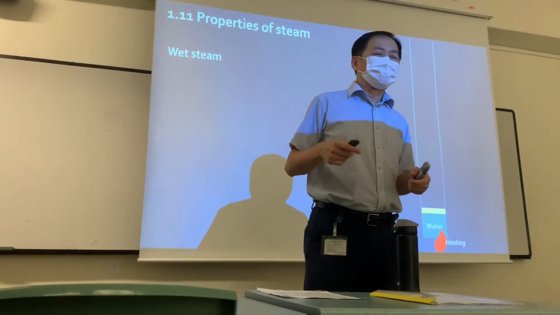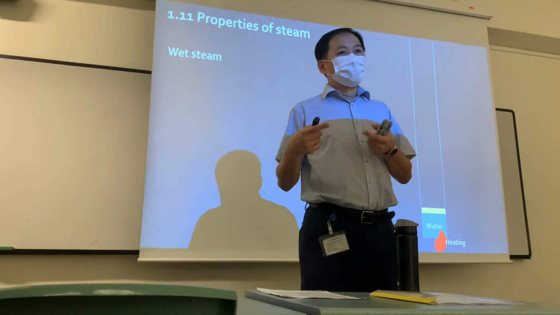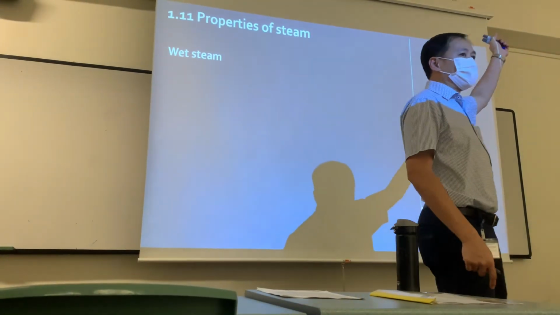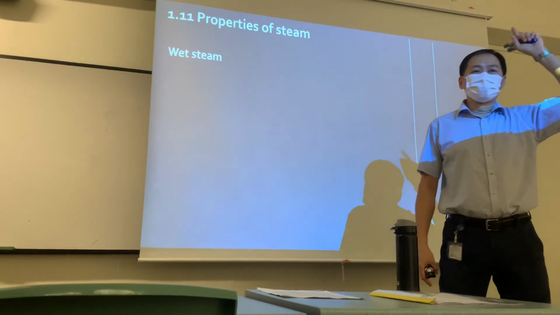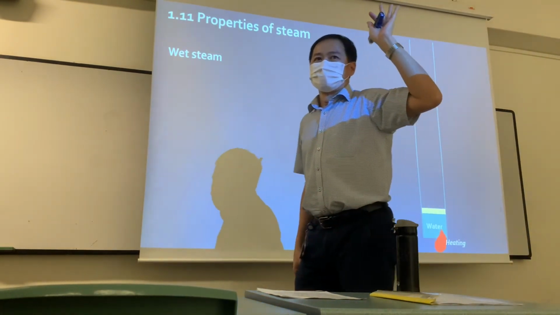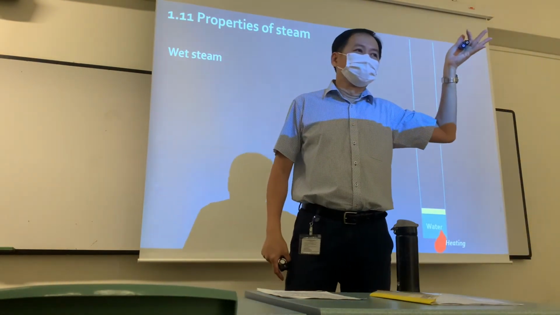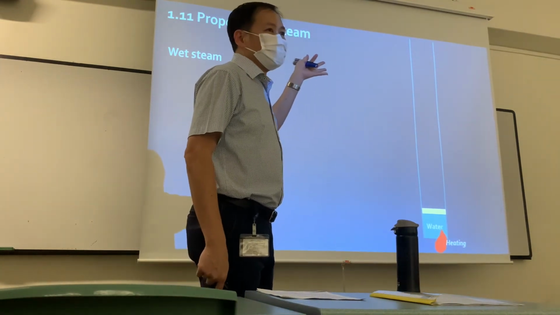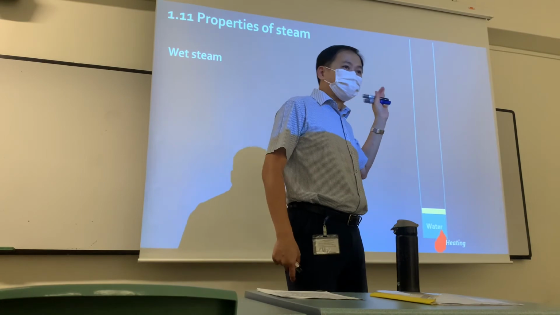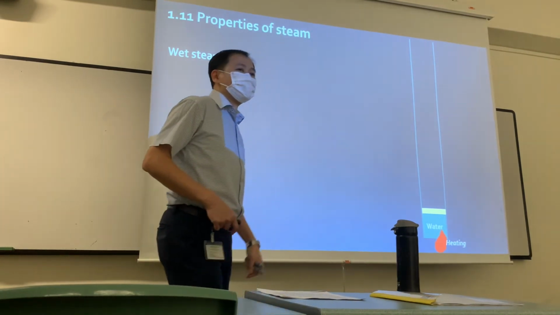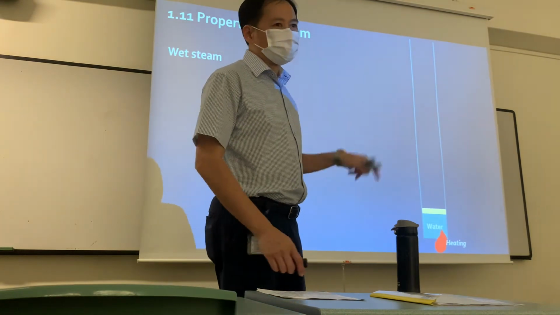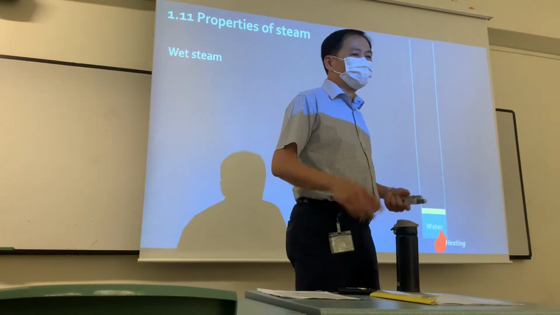Especially for mountain hiking, for example, some of you may go to the Himalayas and climb up to 5,000 meters. Pressure is very low because the air is very thin, hardly can you breathe, and you definitely need an oxygen tank. Then on top of the mountain, you boil water to cook some food.